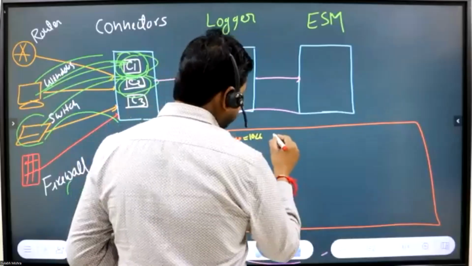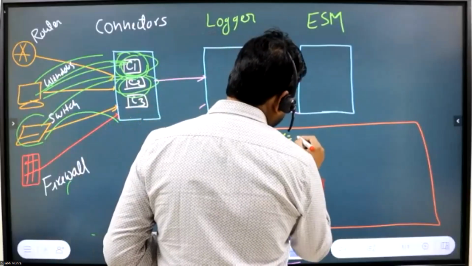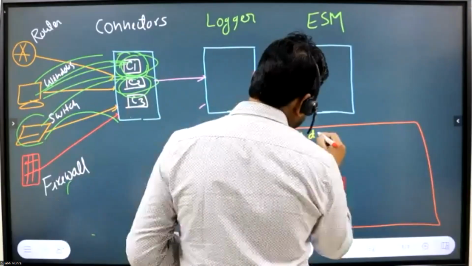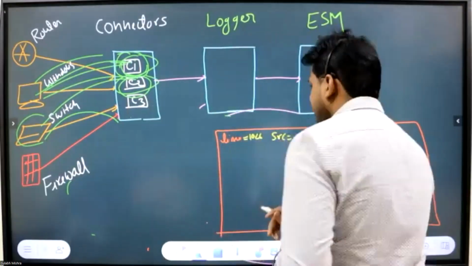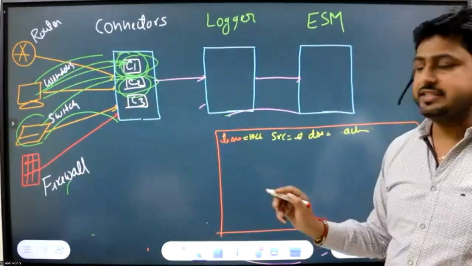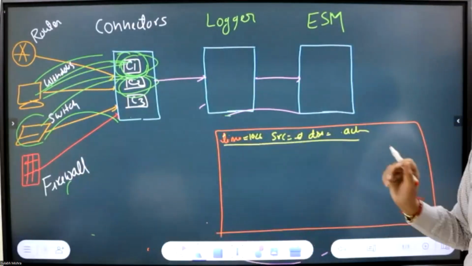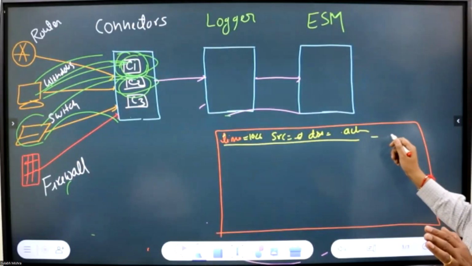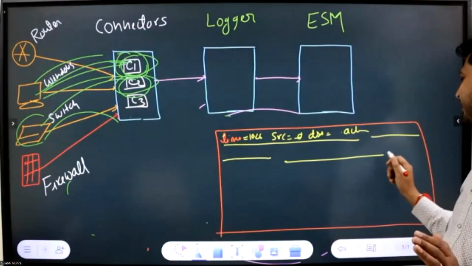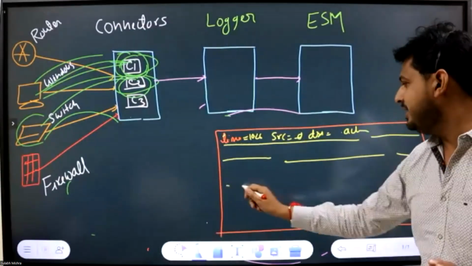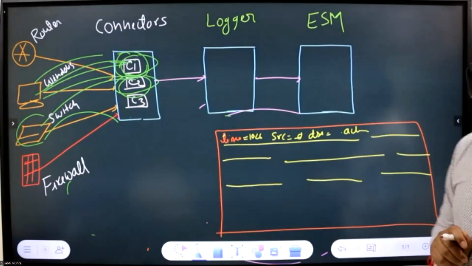Then SRC is equal to some IP, DST is equal to some IP, and so on. For example, one log, one event, starts from here to here, completed. Then another event from here to here, another event here to here, then another event here to here. Meaning there is no proper breakdown.